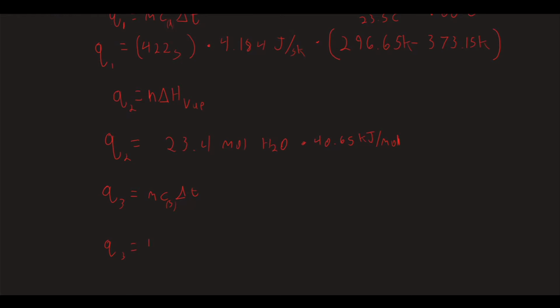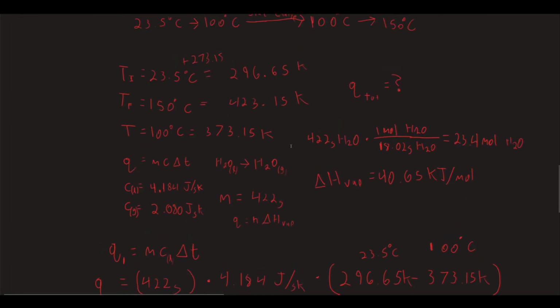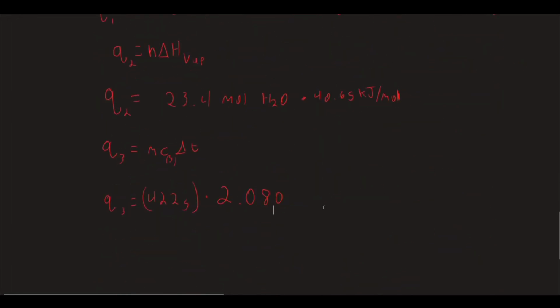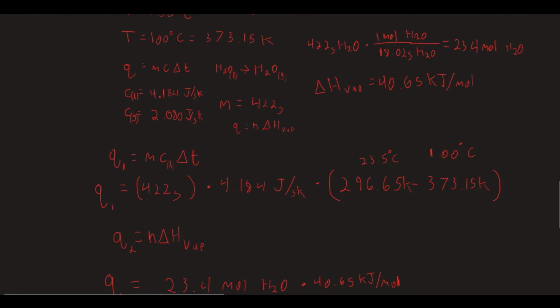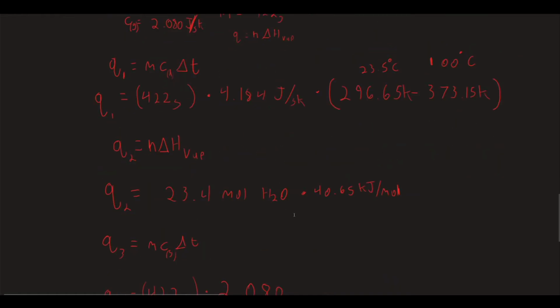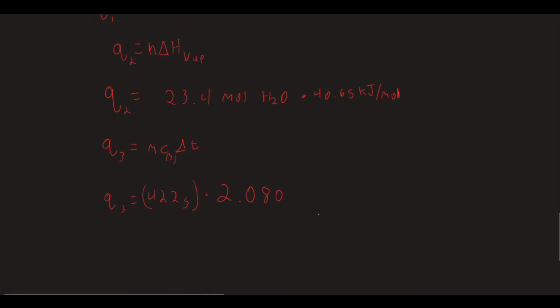Q3 equals 422 grams multiplied by the specific heat, which I know is 2.080. I think that was it. Yep, 2.080 joules per gram Kelvin.